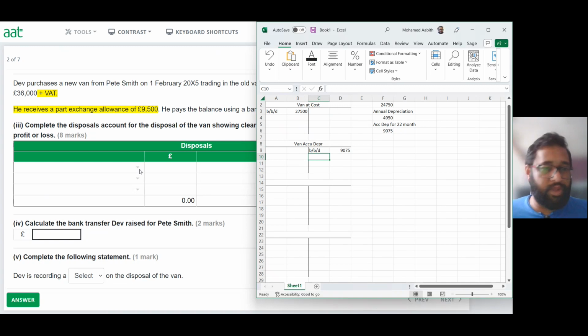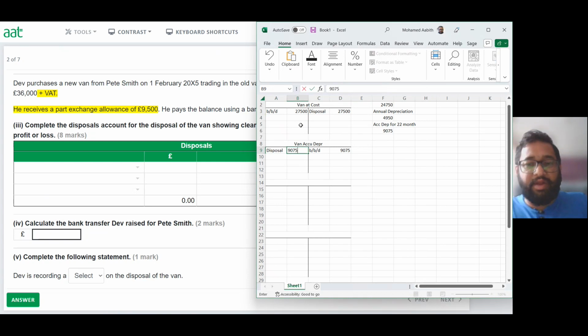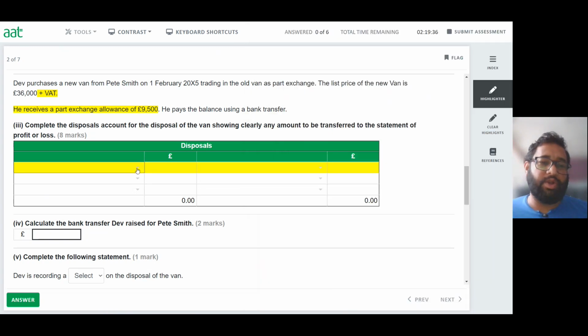So we just have to carry on as it is. So to remove this figure, we have to take this amount and transfer it into the disposal account, £27,500. And this also will go into the disposal account as 9,075. We are basically removing any existing entries in the books regarding that disposed non-current asset.